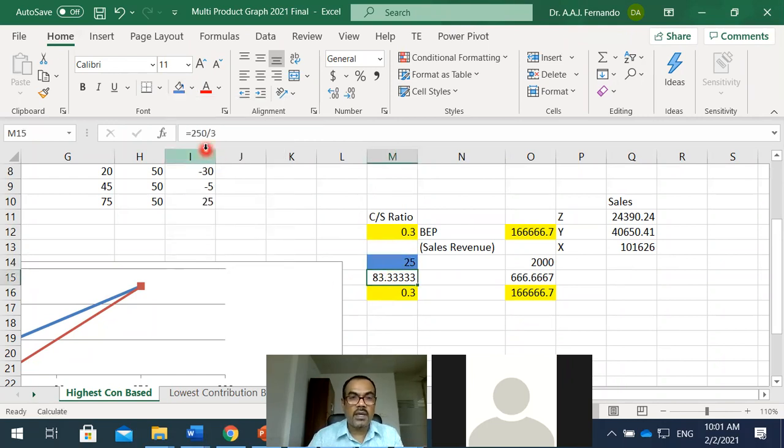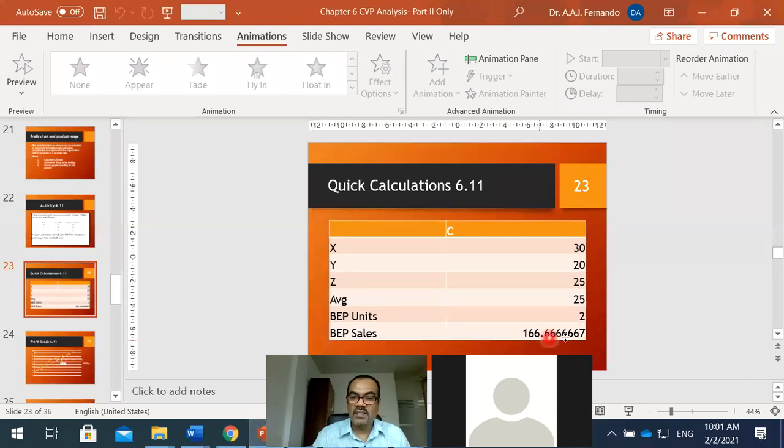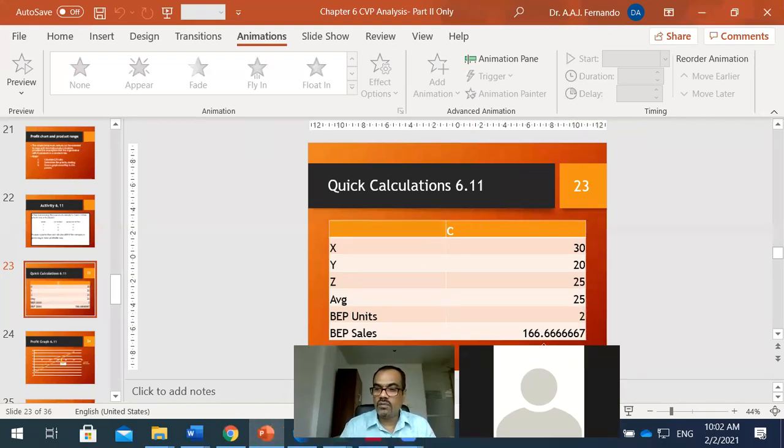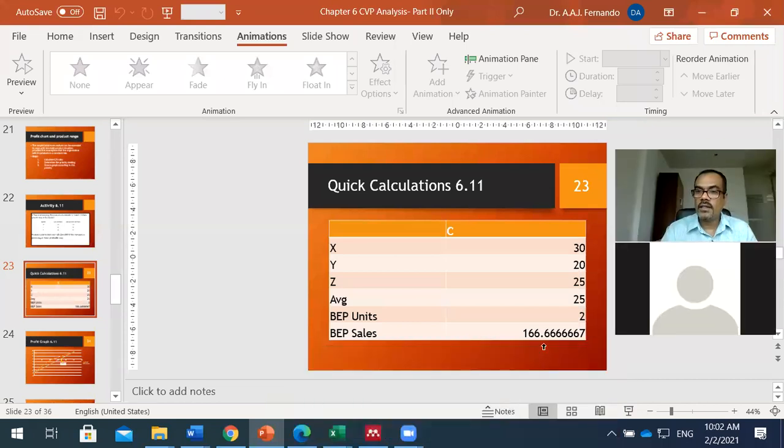Average selling price is this much. Actually, these are not accounting concepts, they are mathematical concepts, so it can't go wrong. Okay. So therefore the break-even sales is 166. One minute. We will move on to the chart now.